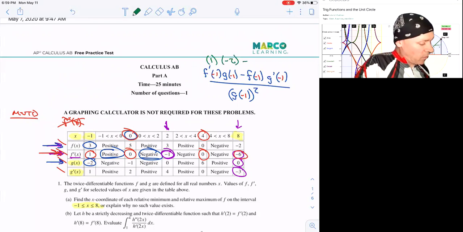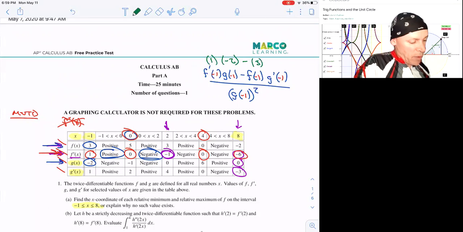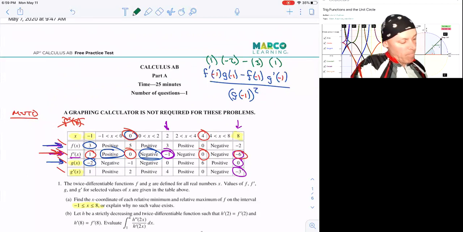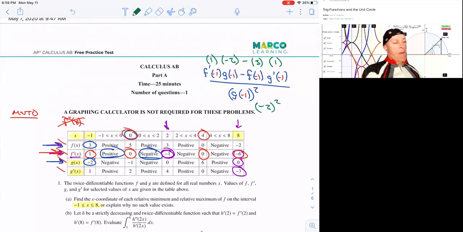Minus f at -1, which is 3, times g prime at -1. g prime at -1 is 1. All over g at -1 squared, which is going to be -2 squared.